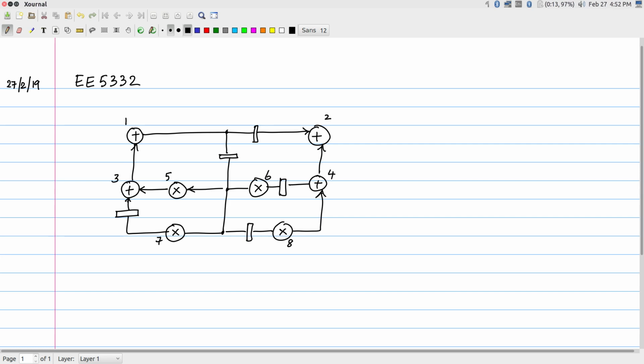So the 4 multipliers have the labels 5, 6, 7 and 8, and the coefficients I'm not indicating over here. We'll just use some variables to indicate them when necessary.